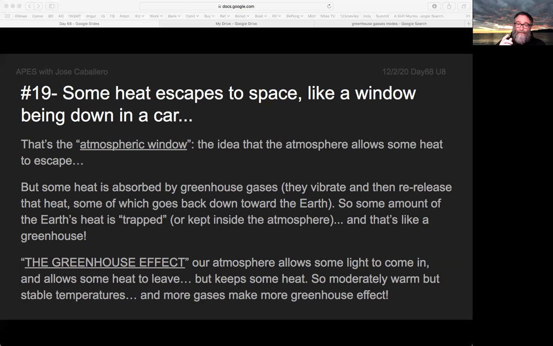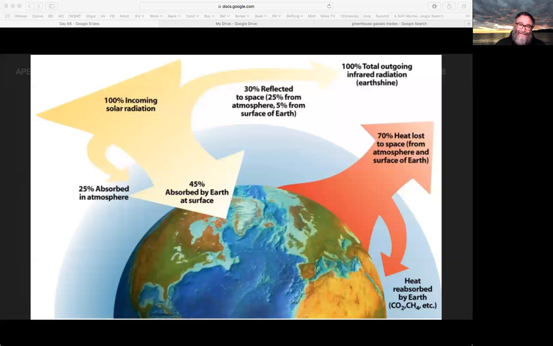What's interesting is the gases which do that heat capture can also be generated by human activities. So we can add more greenhouse gases.